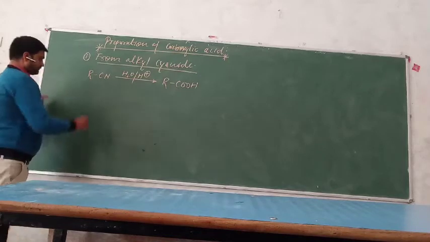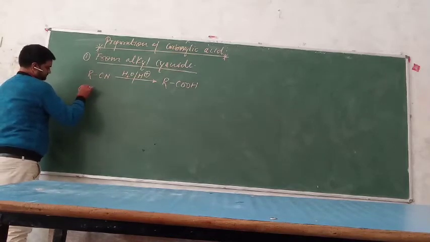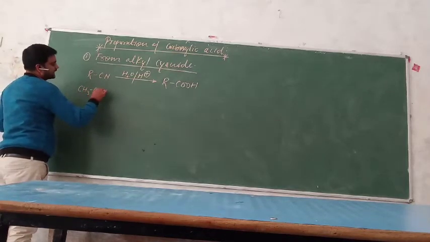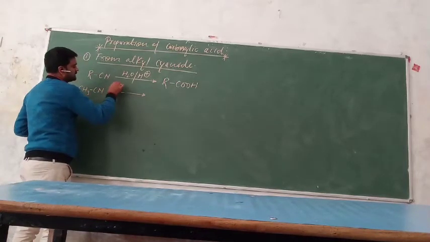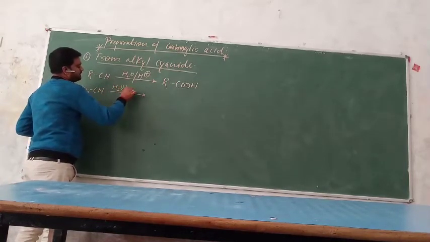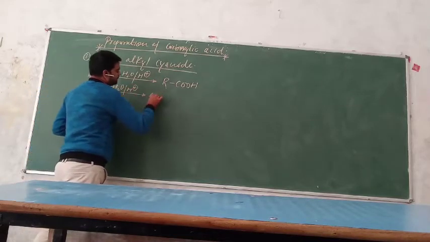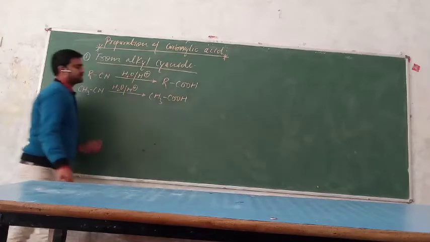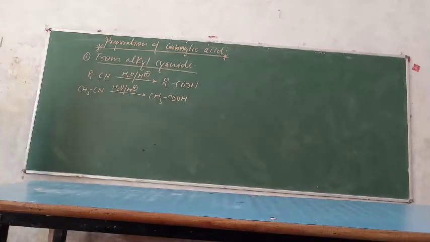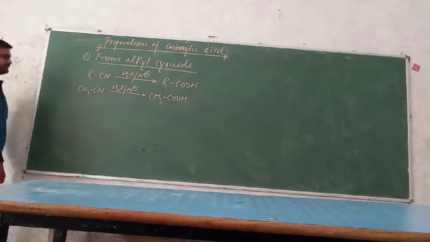Clear? When we put here methyl cyanide, then the hydrolysis of the methyl cyanide gives ethanoic acid, which is also known as acetic acid. This is the complete hydrolysis of the alkyl cyanide.